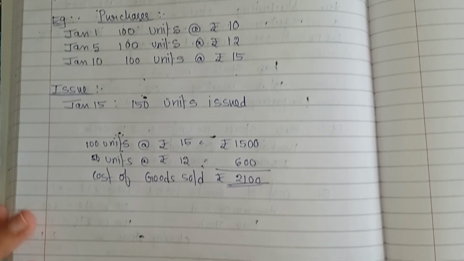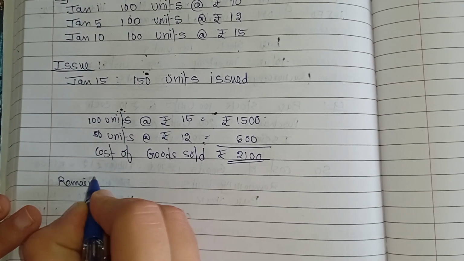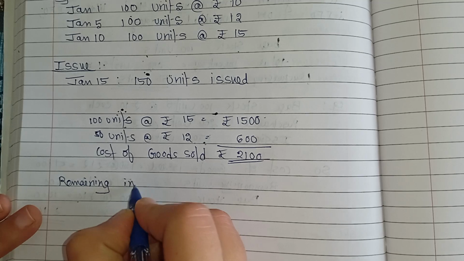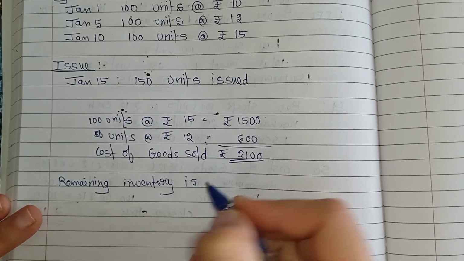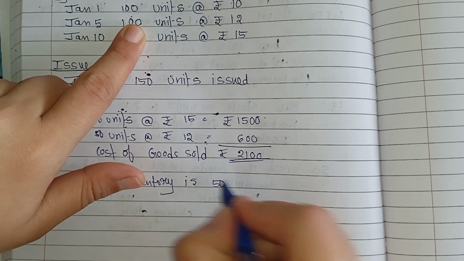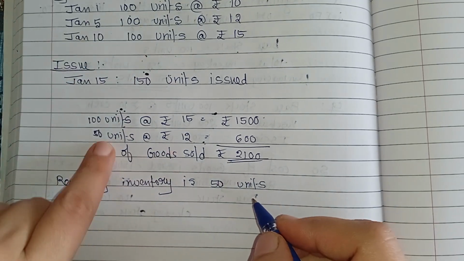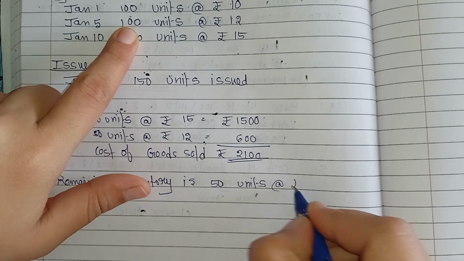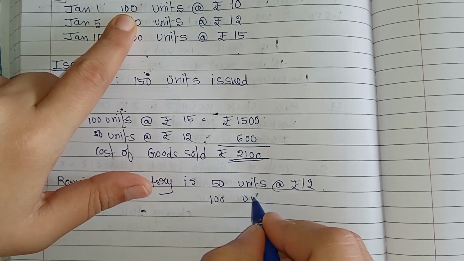Clear? So the remaining inventory is 50 units. Out of 100 we issued 50, right? So remaining 50 units at rupees 12 and on Jan 1st 100 units at rupees 10.